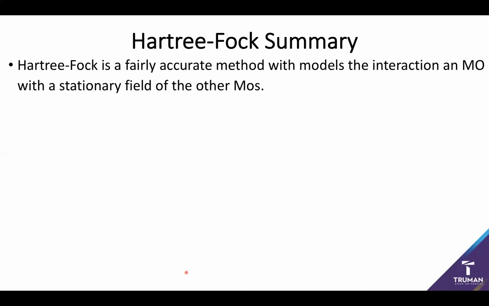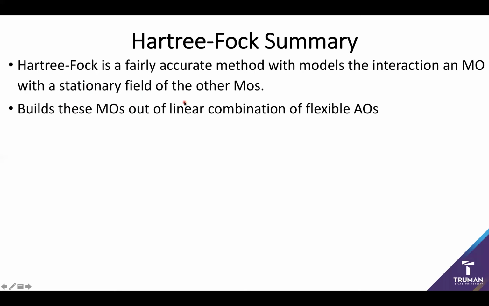So let's do a quick summary of Hartree-Fock. Turns out it's actually a fairly accurate method. It tends to have errors of, say, less than about 10 to 15 kilojoules per mole, or sorry, 10 to 15 kcals per mole. So it isn't a perfect method, but it gives us pretty good qualitative descriptions. And it allows us a fairly simple way of building our molecular orbitals by assuming that all of the other molecular orbitals are rather fixed.